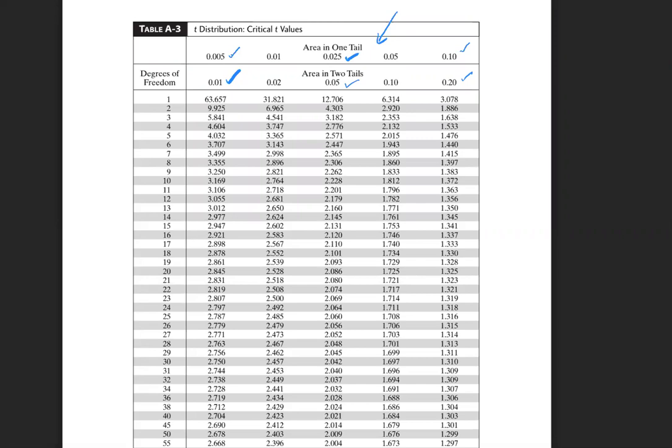In our case, we have 95% confidence level. So our significance level is 1 minus 0.95, which is 0.05. That's why we have area in two tails 0.05 and area in one tail, half of it, which is 0.025. So that's how you determine which column you're going to go into. Is this clear, everybody, so far? How to determine which column to go to?